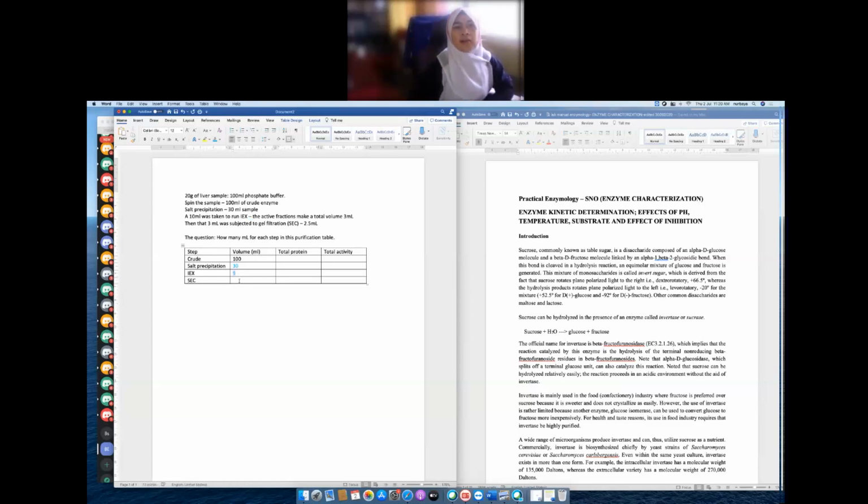And then now, from that 3 mil, you will proceed to size exclusion chromatography. So what will be the volume for size exclusion chromatography? Let's check.